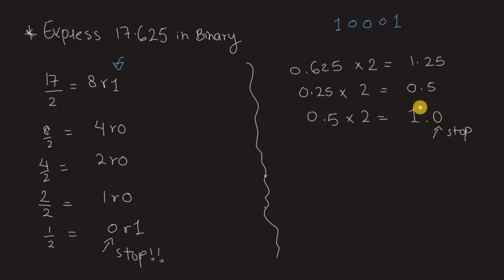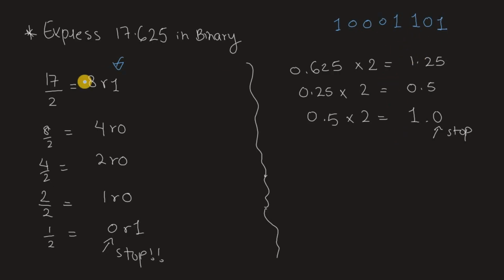Now in the whole number you were reporting the remainders, right? But here you have to look at these numbers that are without the decimals, because here you had 0.25, 0.5. Here you only write these whole numbers. So now you have 1 0 1.